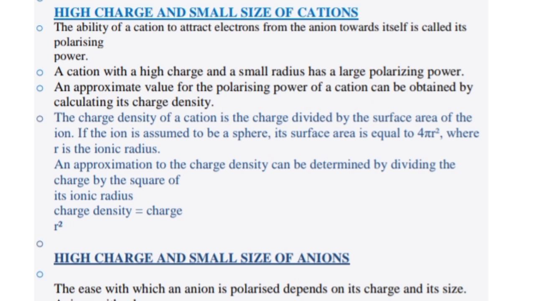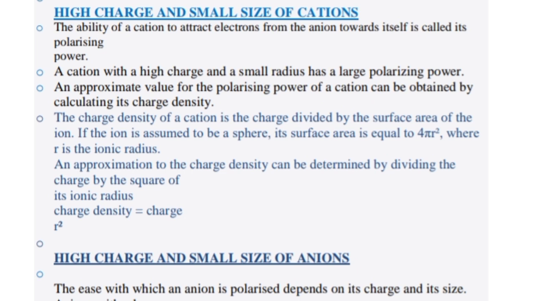If the ion is assumed to be a sphere, the surface area is equal to 4 pi r square, where r is the ionic radius. So charge density is equal to charge divided by r square. The smaller the value is, the more reactive it will be.